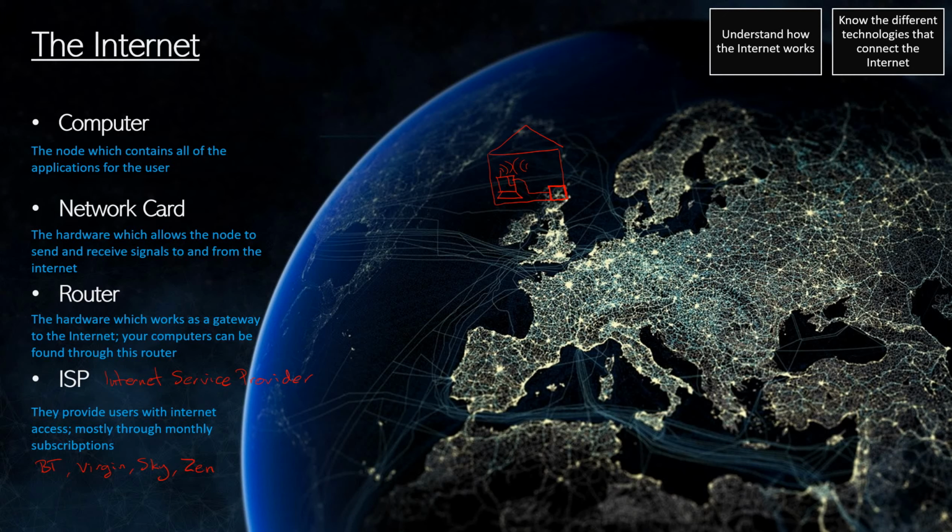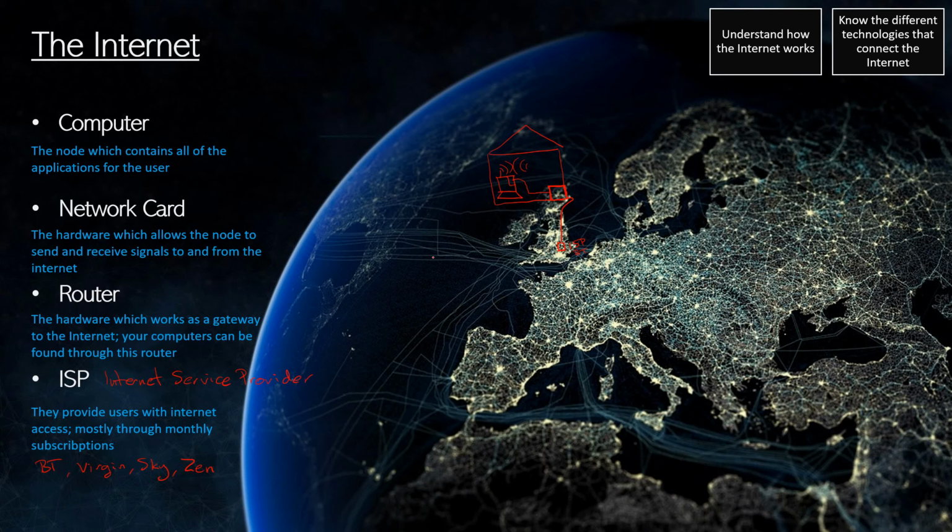There are plenty of companies which offer internet access. So let's say, for example, that the ISP for BT is located over here. Your router would be connected to your ISP, and that's how you will gain access.